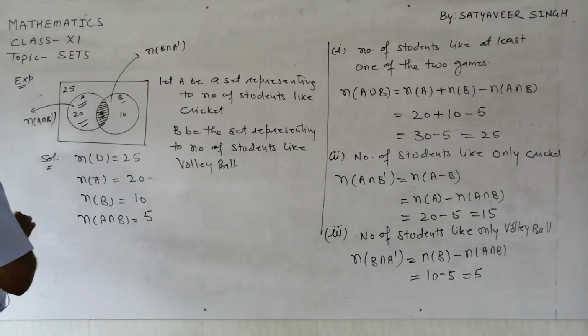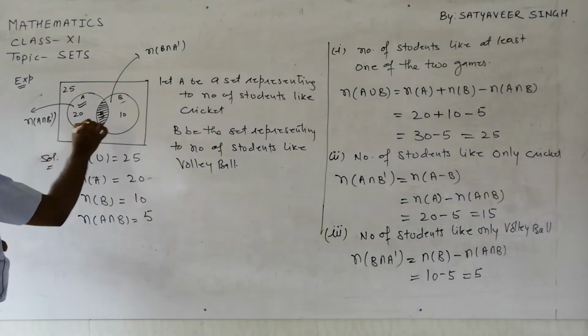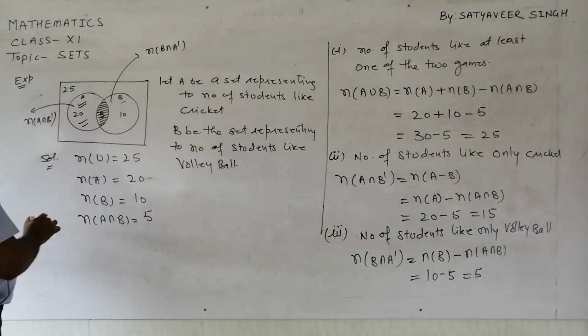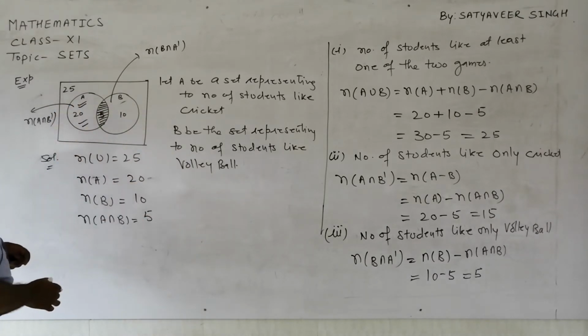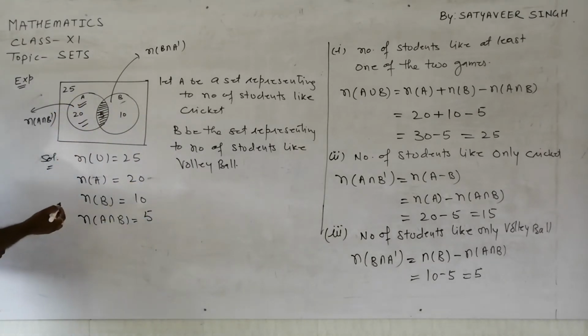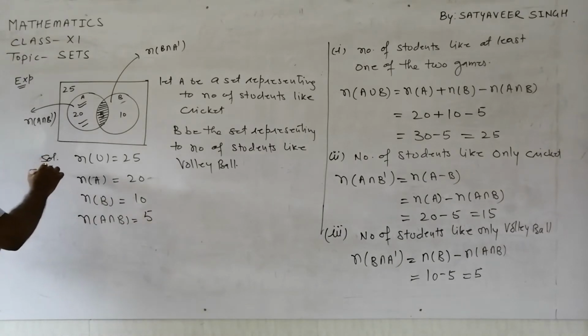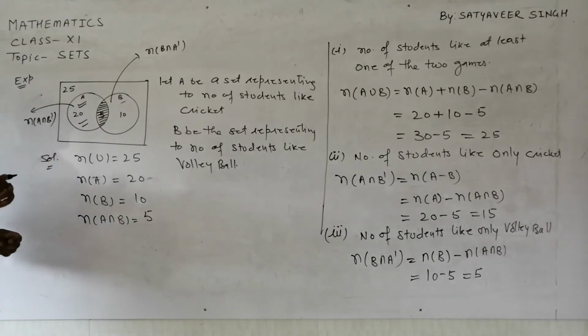Or if you want to find, we had also calculated at least one of the two games, meaning we had calculated A union B. Suppose you want to find, is there any student who does not like any game?